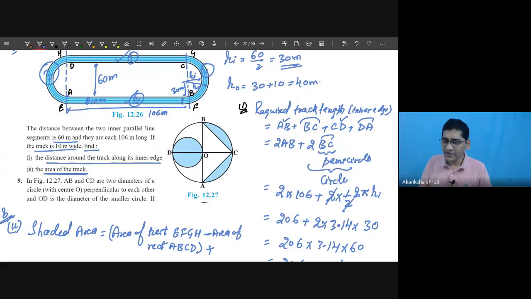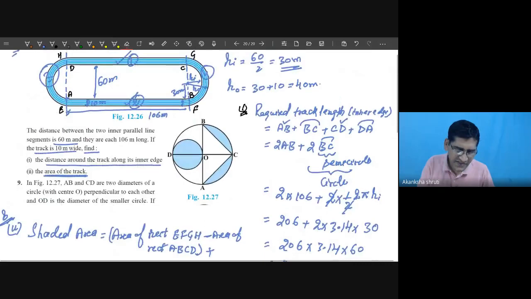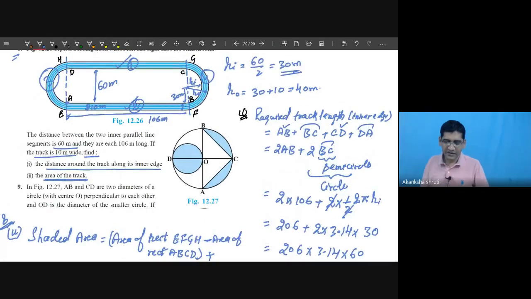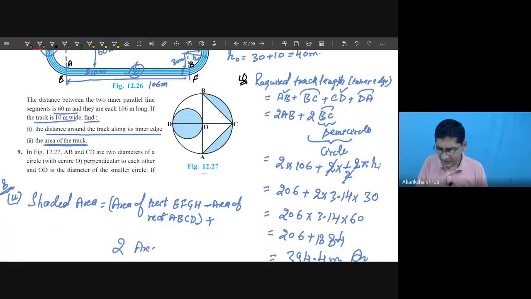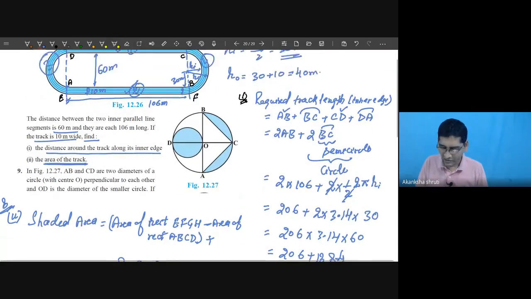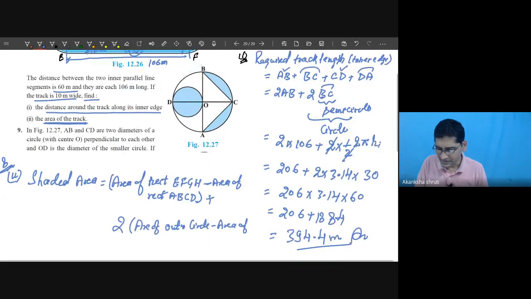Or there is the other way of getting this, by considering just the length and width of this one. Even we can calculate this part in a different way also, that I will tell you. Plus the bigger radius, twice the area of outer circle minus area of inner circle.